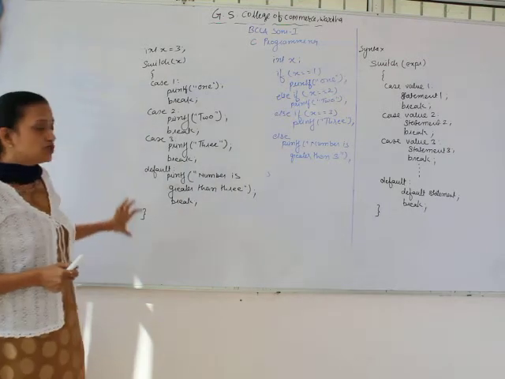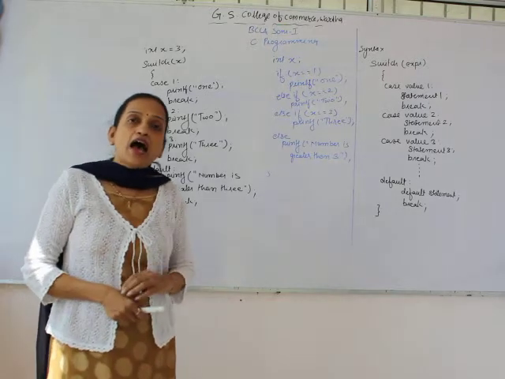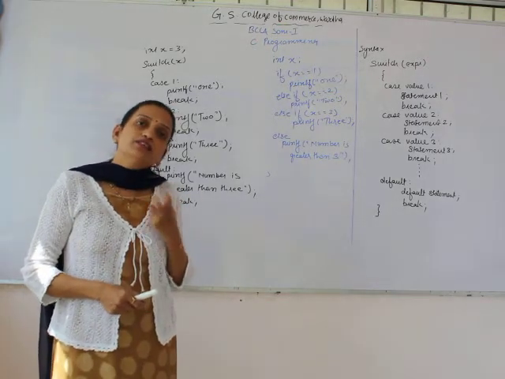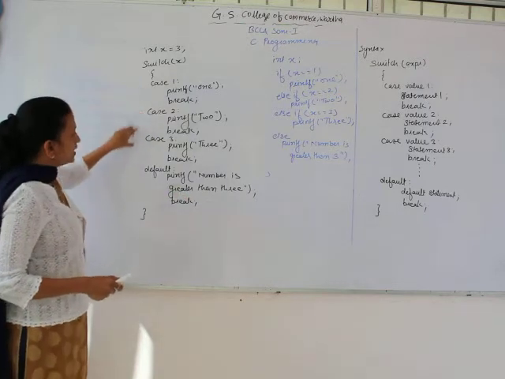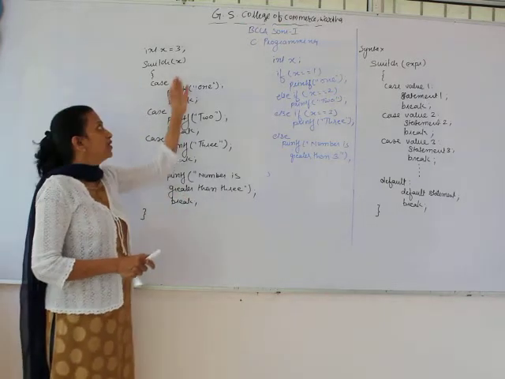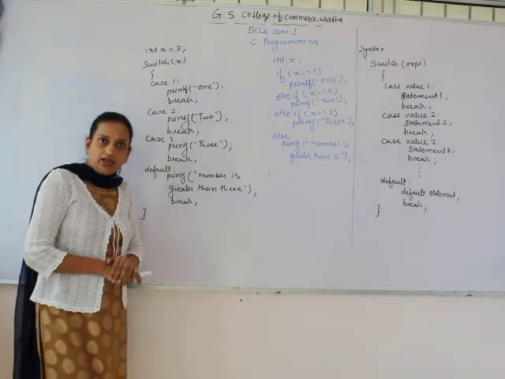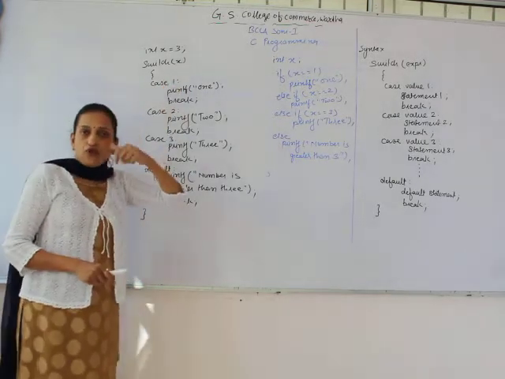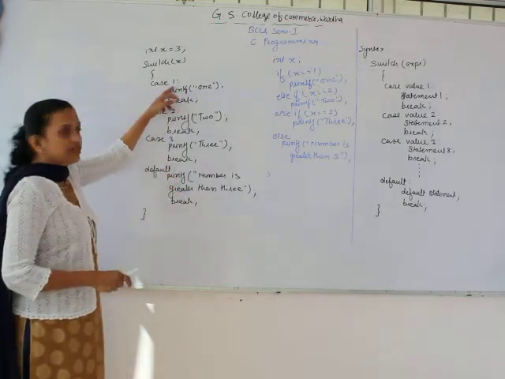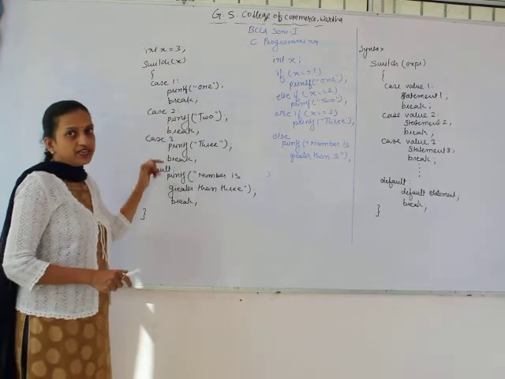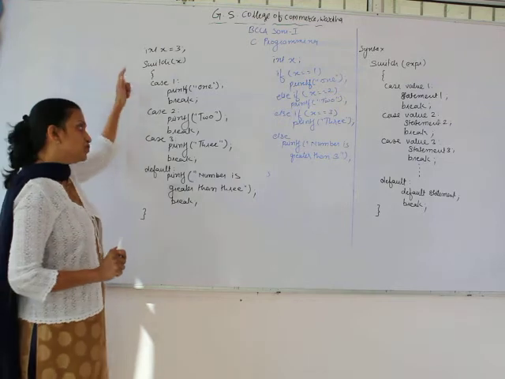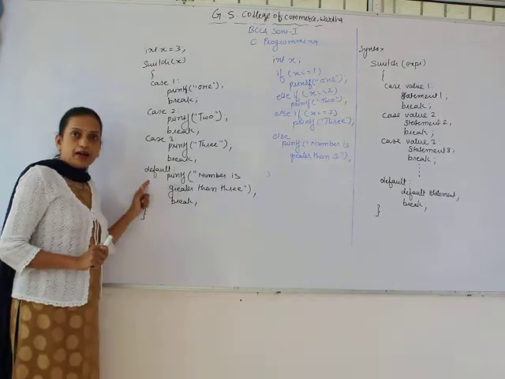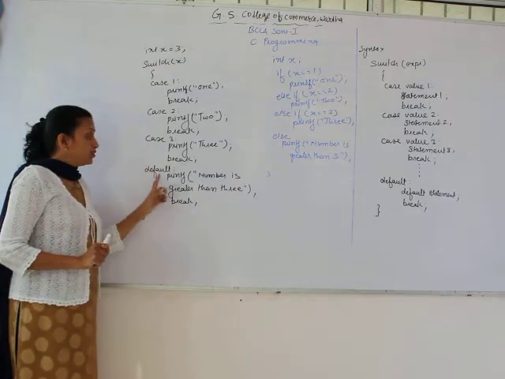While using the switch case statement, you have to follow some rules. If none of the case values matches the given expression value, for example if you have given the value of x as 4 or 5, which does not match the values of the cases specified here, then what will happen? At that time the compiler directly executes the default.